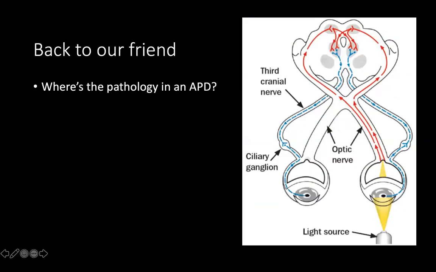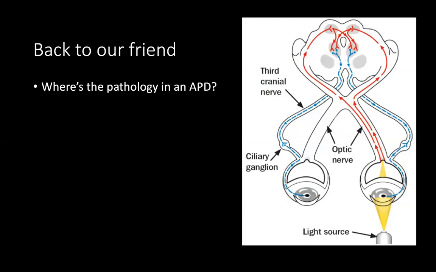The only question is, with an APD, do you ever see only one eye dilate? If the APD is the only problem, the answer is no. The dilation of the pupils is not directly related to whether or not there's an APD.